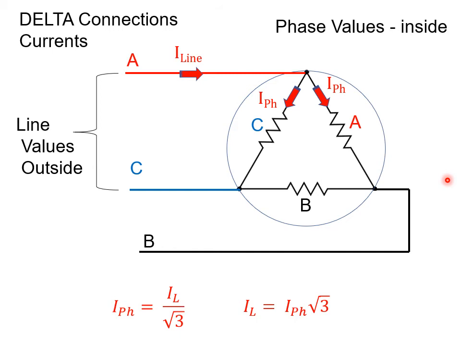Let me rephrase that. Any 2 identical values separated by 120 degrees, the vector sum of those two same things at 120 degrees separation will result in a multiple of root 3. There you go.